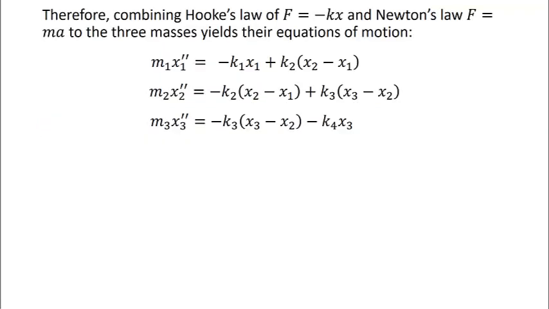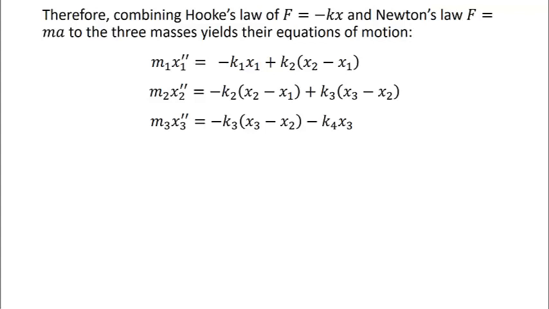Therefore, if we combine Hooke's law, which told us that the force was equal to minus Kx, as well as Newton's law, which tells us that force is mass times acceleration, and we apply these laws to the 3 masses, it yields the following equations of motion.